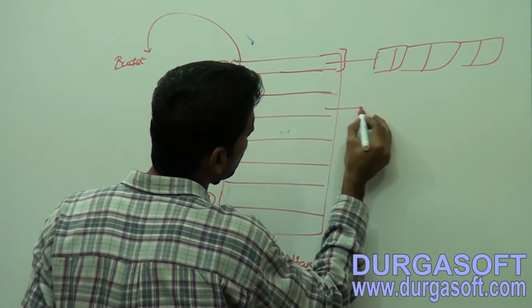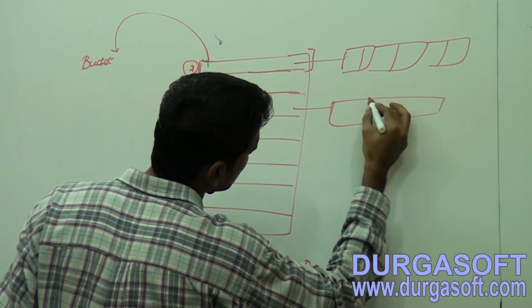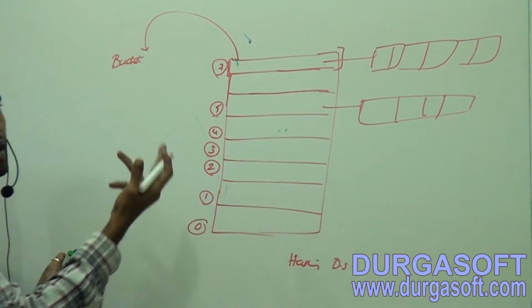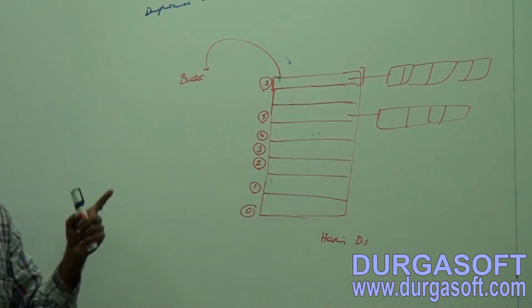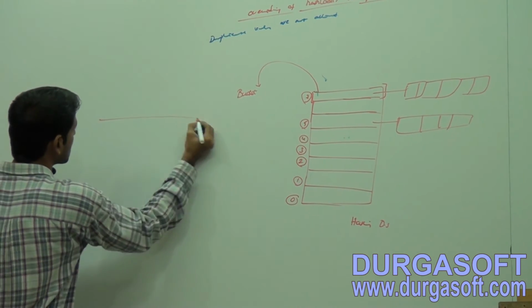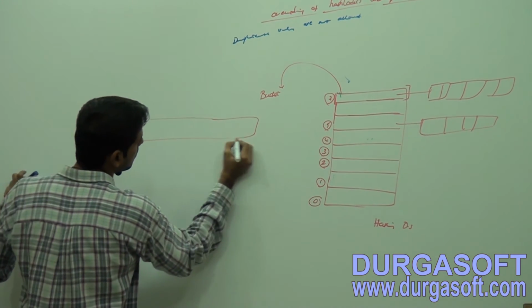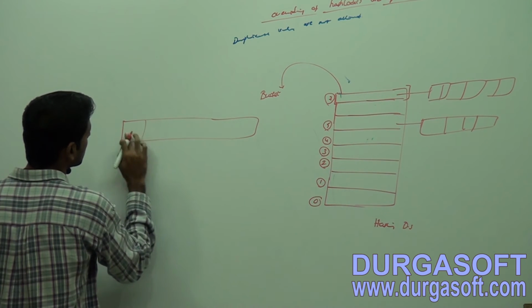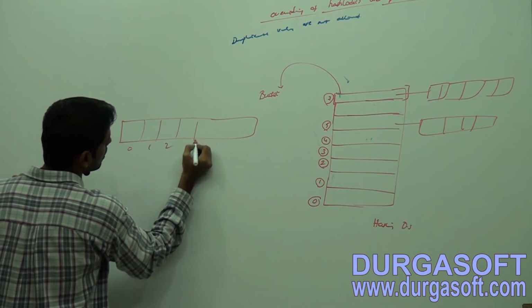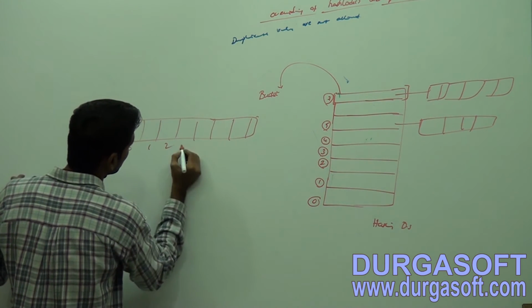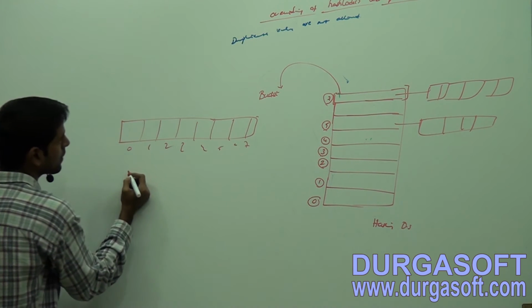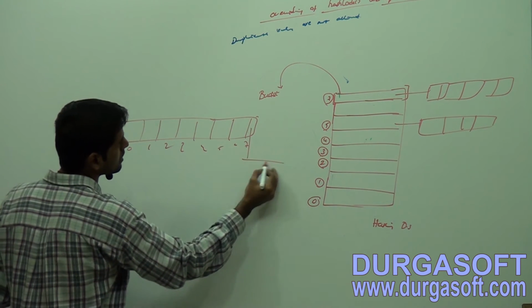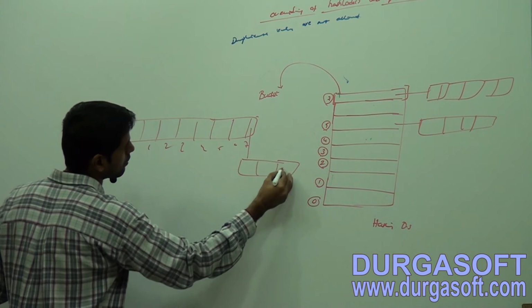If you observe all of these, it will be a two-dimension array. If I invert that, we have 0, 1, 2, 3, 4, 5, 6, 7. At the 7th index, I have some single dimension array. What is this?